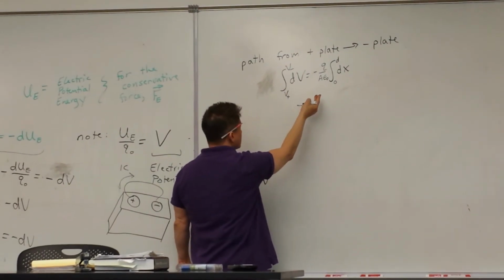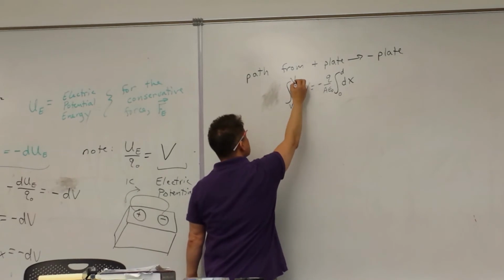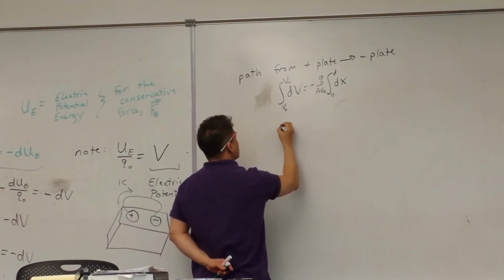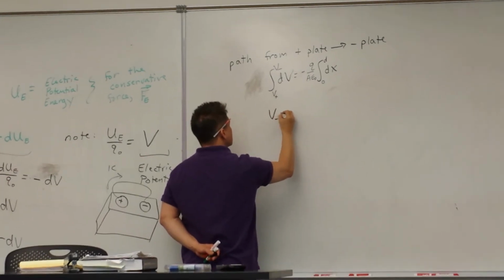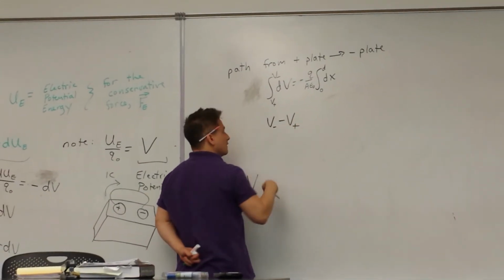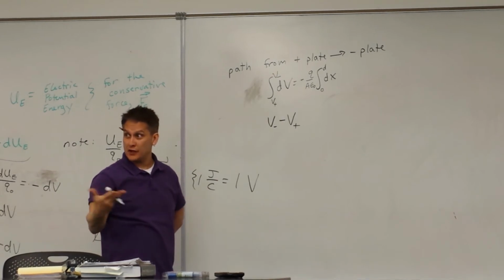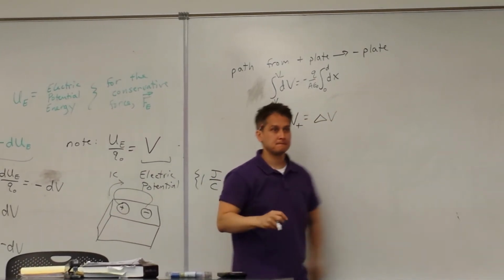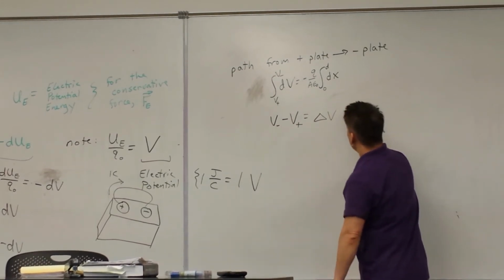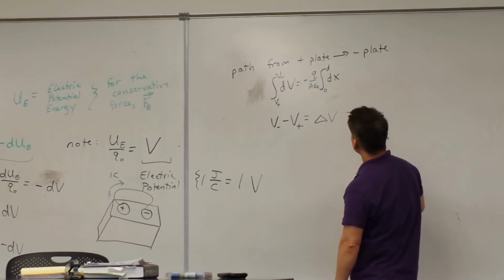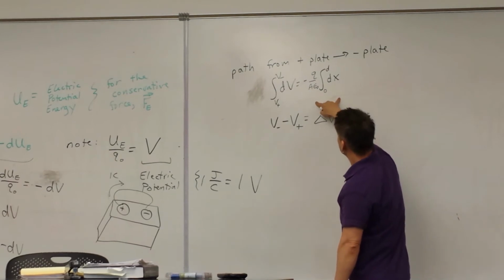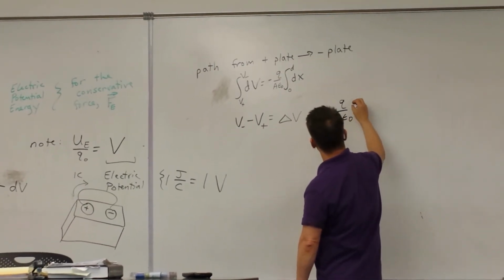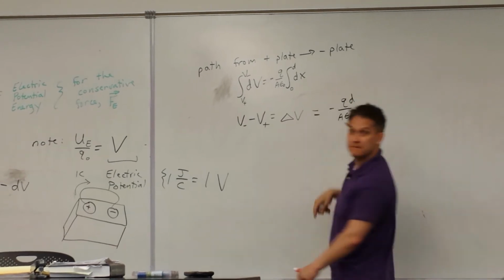In this case, I've got these plus and minus, right? So if I evaluate the one side, it's delta V, if you will. On the other side, it's minus Q over A epsilon naught D.